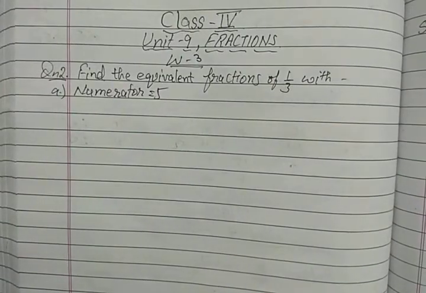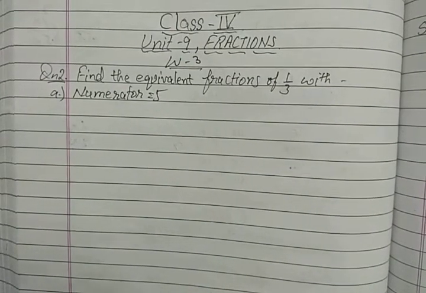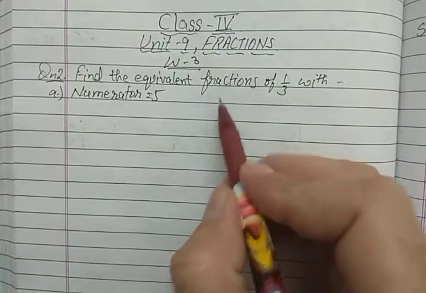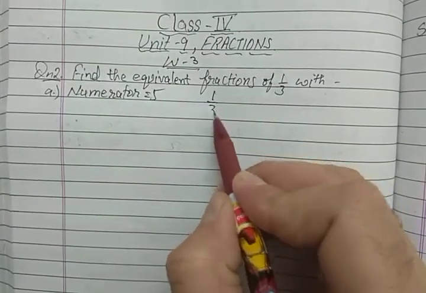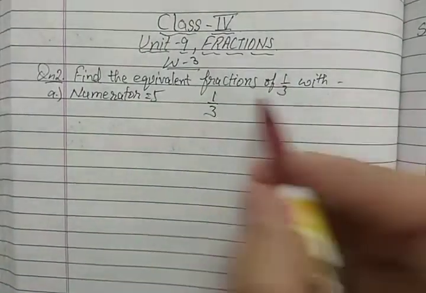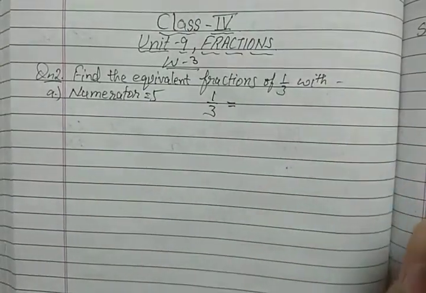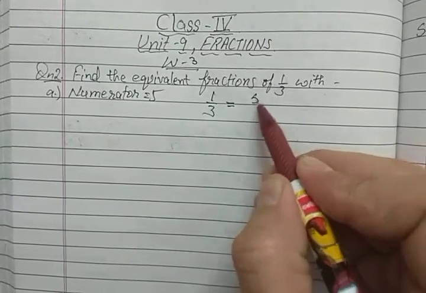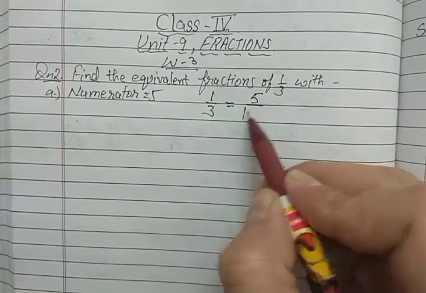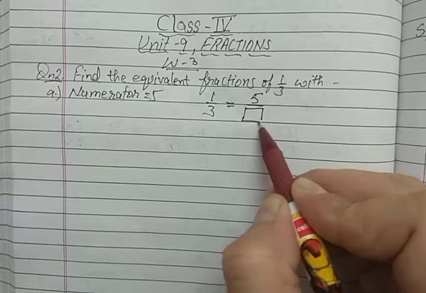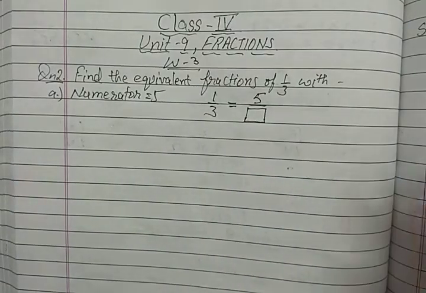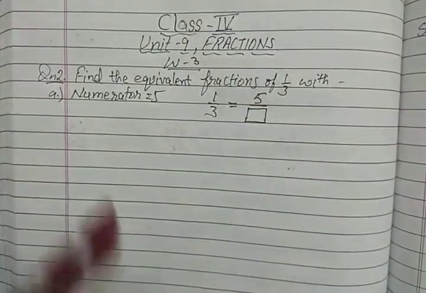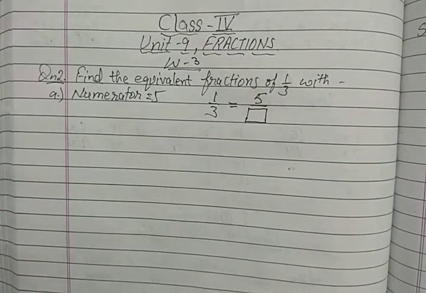So here the numerator is given. So we will first of all make the question. Here 1 upon 3 is the given fraction and we have to find the equivalent fraction. The numerator is 5 and we have to find the denominator, right? Again this becomes the question as we have done in question number 1.